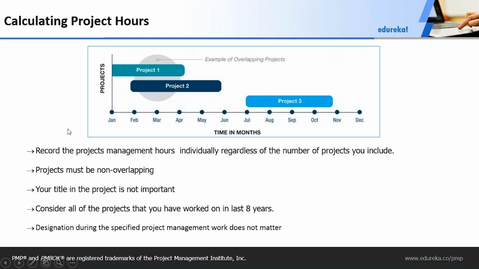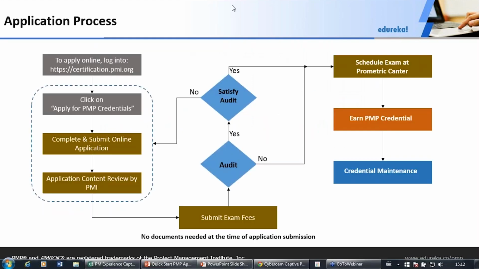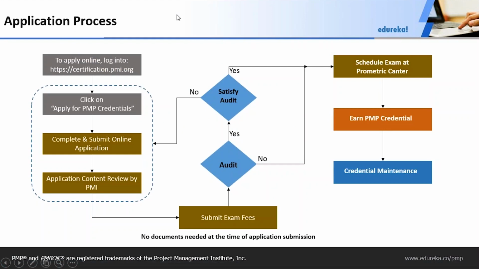And while I move to the next slide, okay, this slide talks about your application process. This slide is giving you a very high level overview of the application process.